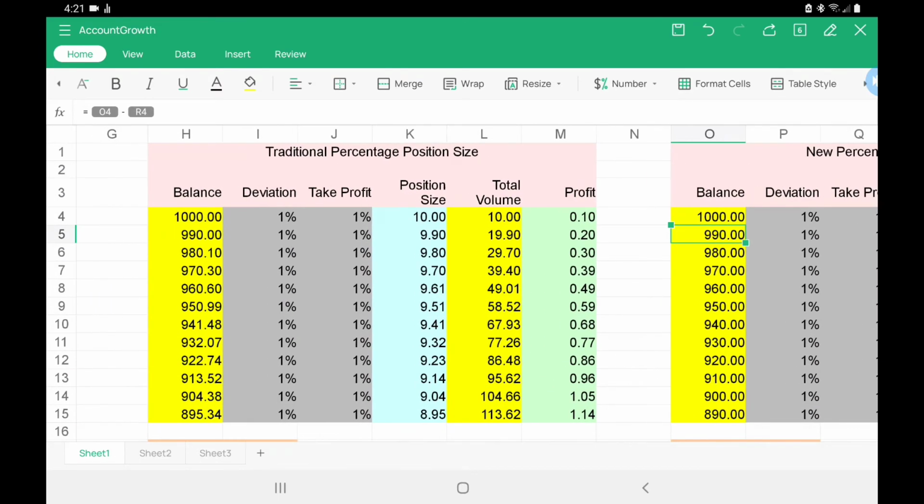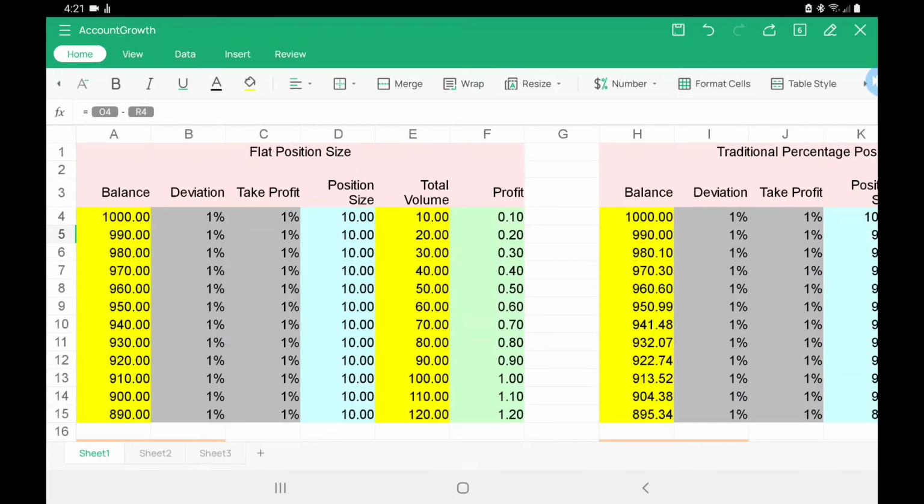Now let's talk about the advantages and disadvantages of each methodology. Flat position size is a wonderful process that has some very important advantages. The first advantage is it works on every single exchange out there.